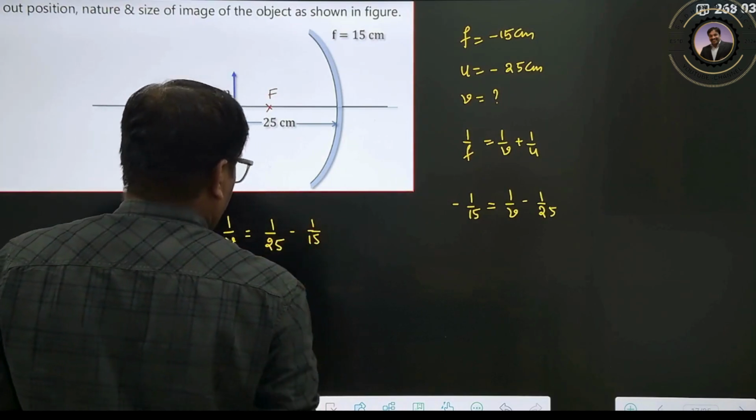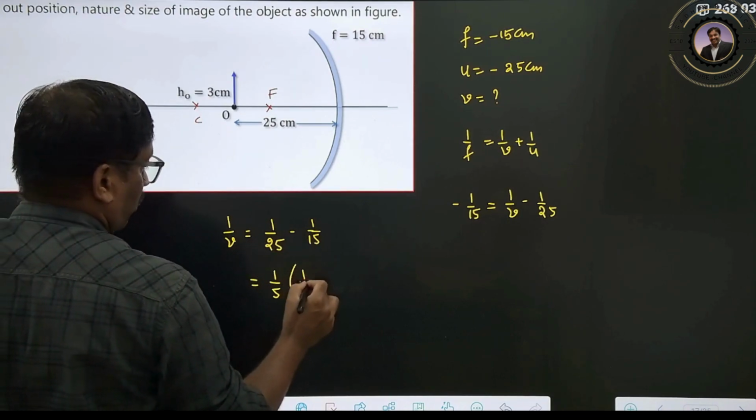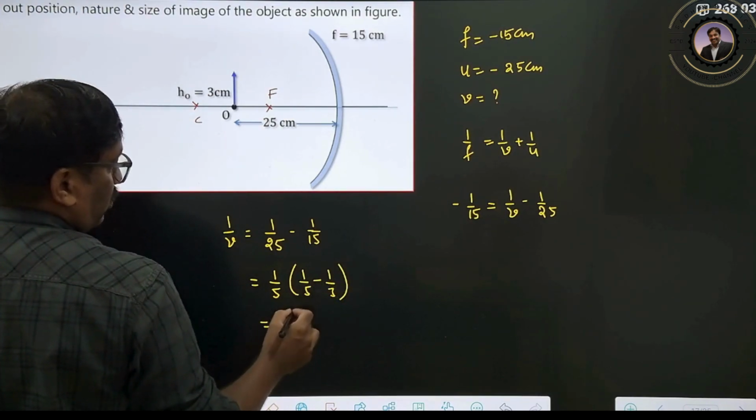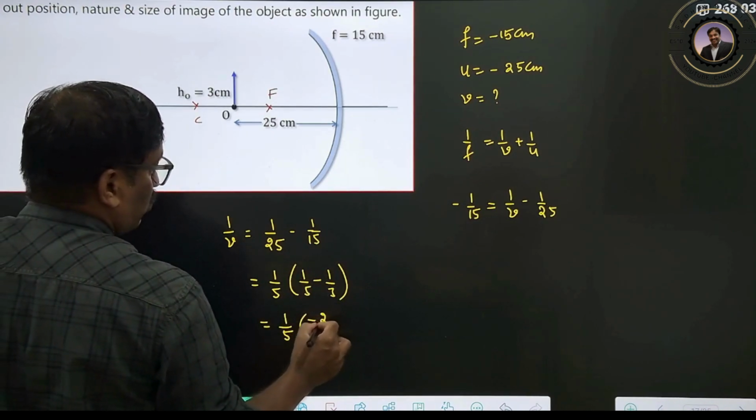Clear? Here you can rewrite it by taking 1 by 5 common, 1 by 5 minus 1 by 3, so minus 2 by 15.